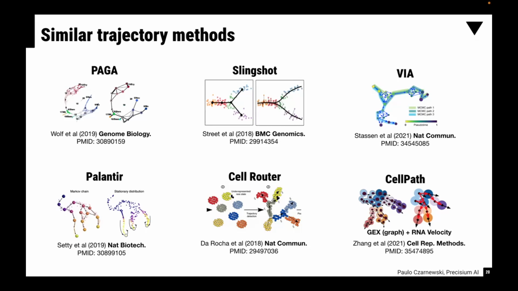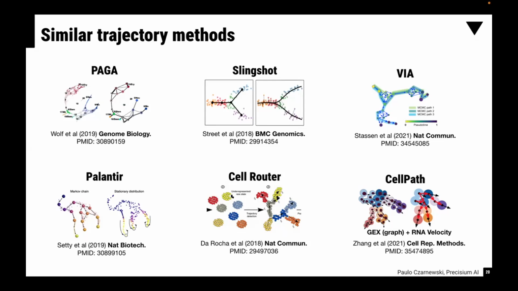Let me reformulate that. Sometimes the progenitor cells are not in your data set. And then cells that appear to be different, let's say CD4 and CD8 T cells, will just fall together because you don't have the progenitors. If you had the progenitors, then they probably would be a little bit further apart in your embedding.